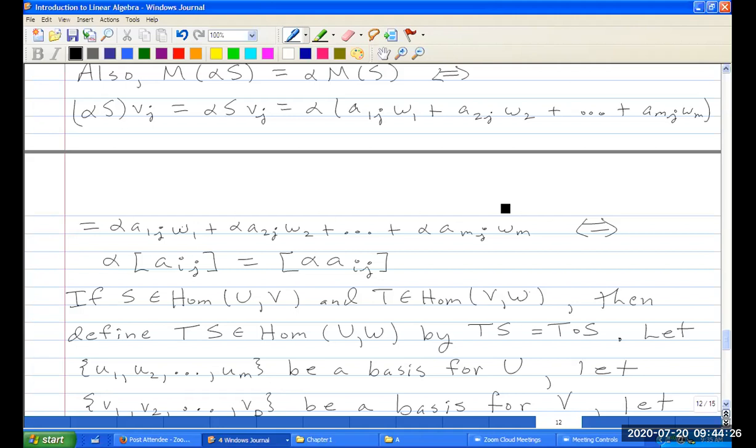So we're led to the definition that alpha times the matrix A sub ij should be defined as the matrix with entries alpha A sub ij.